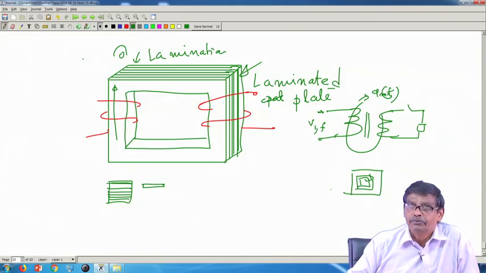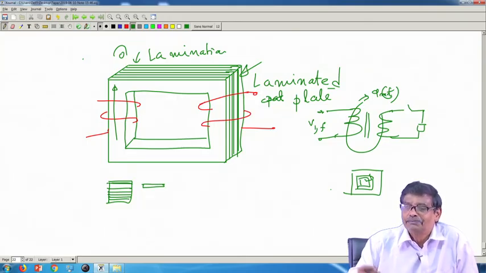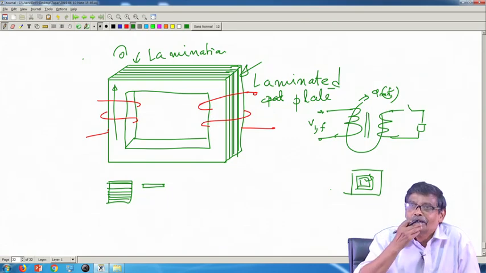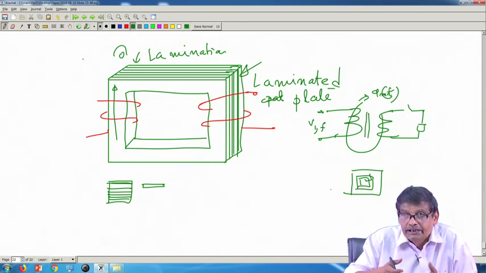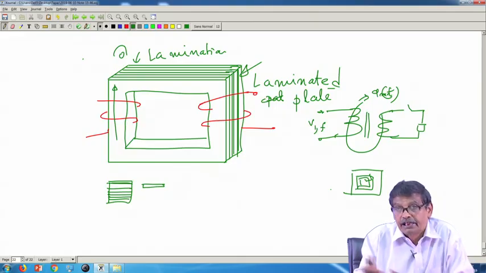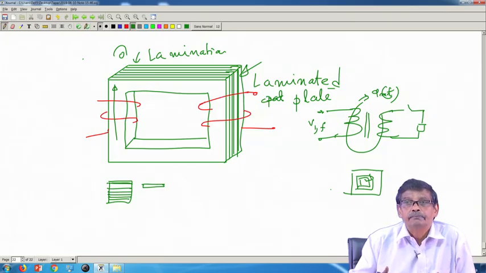Okay. That is what I am trying to tell. Even with this switch open, it looks as if there is a secondary coil existing within the iron core, and the circuit is closed, they are carrying secondary current. But flux has to remain the same.